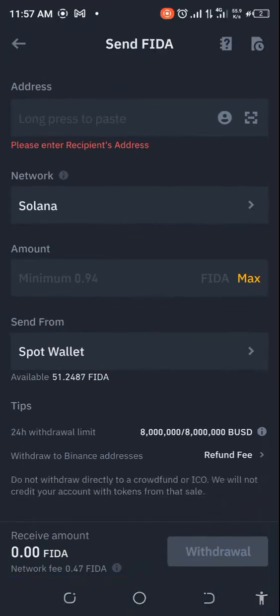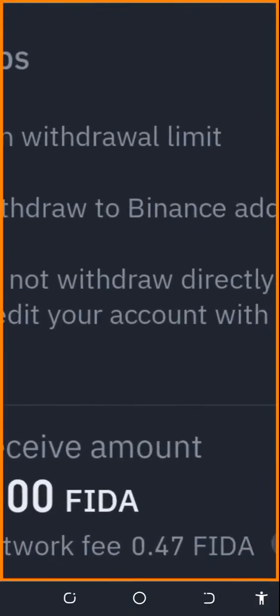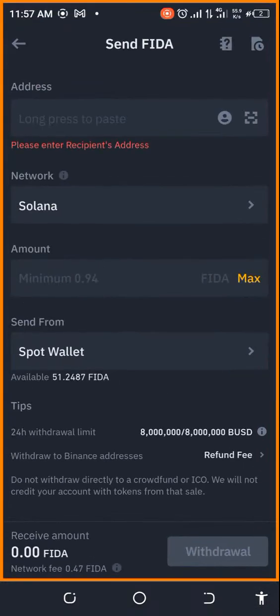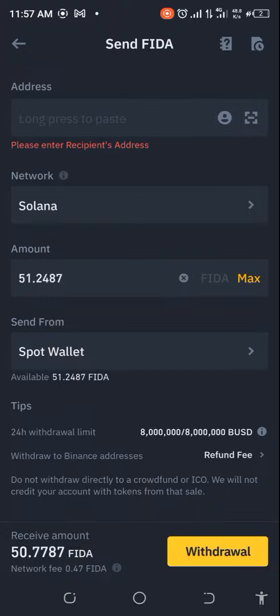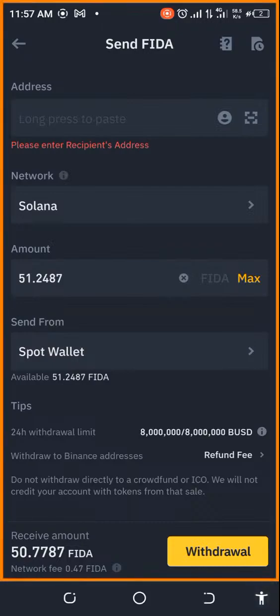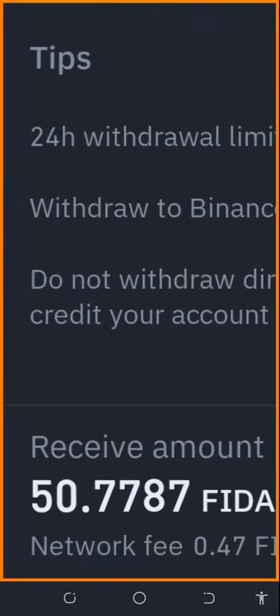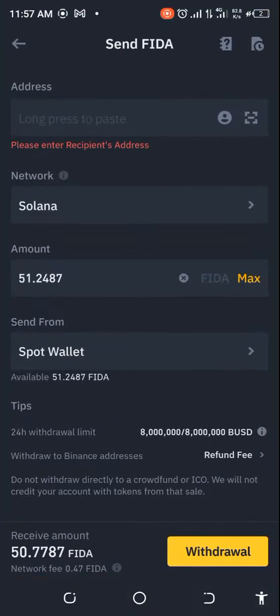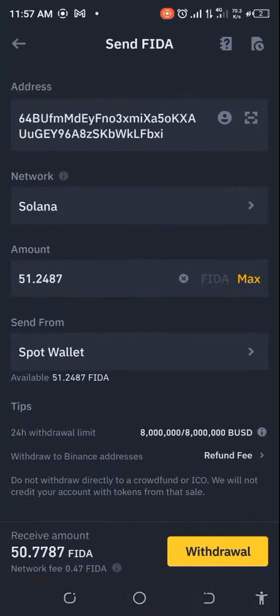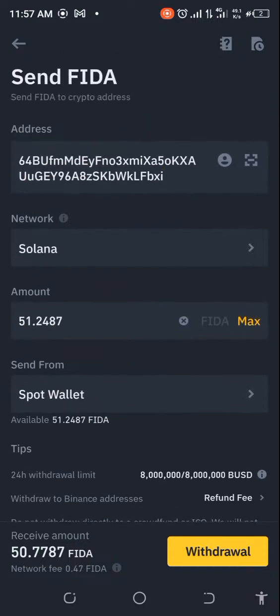Okay, so you can see here it's going to take 0.47 FIDA. All right, so let me just put the max there. It's giving us 50.77. All right, so let's go ahead and put in the withdrawal address.